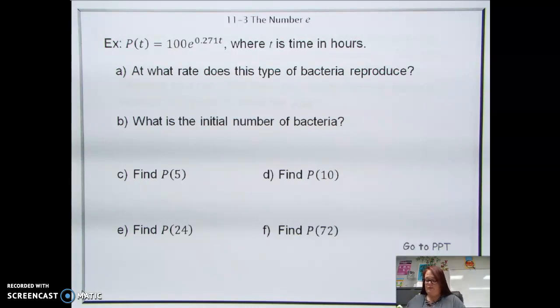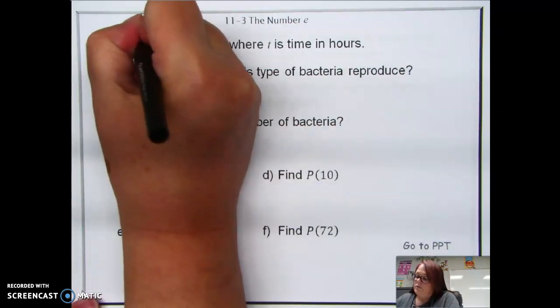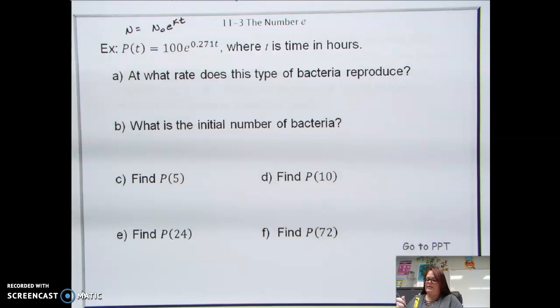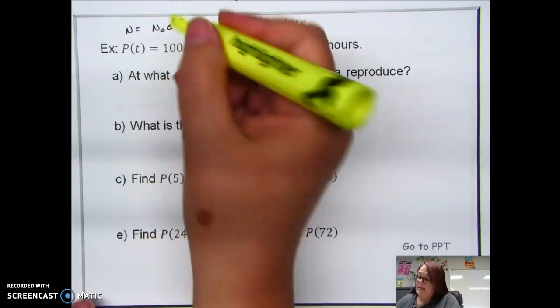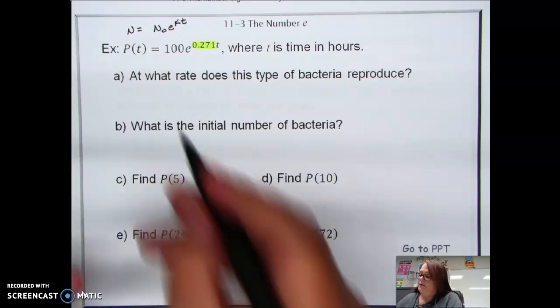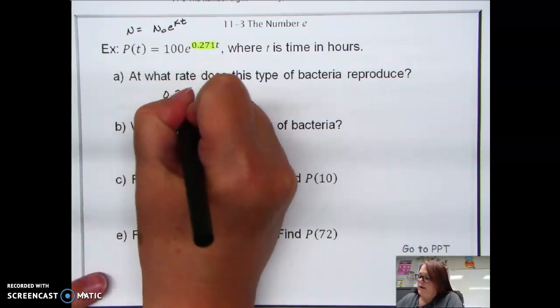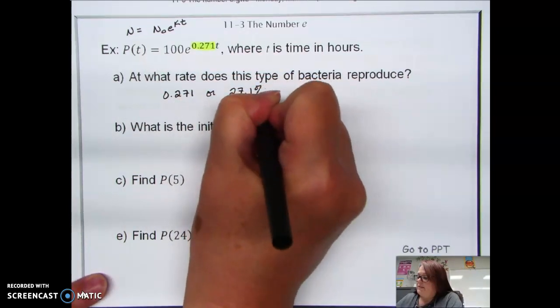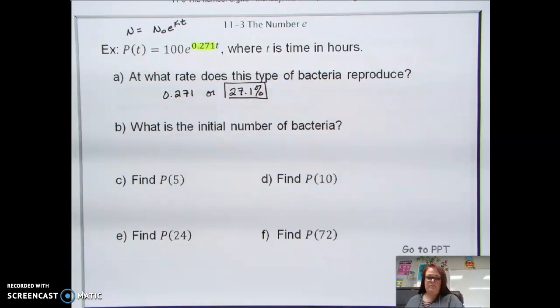And so then hopefully you can see that this would have been N equals N sub 0 times e to the kt, where k is your rate of growth or decay. And so that means that my growth is at a rate of 0.271 or 27.1%.